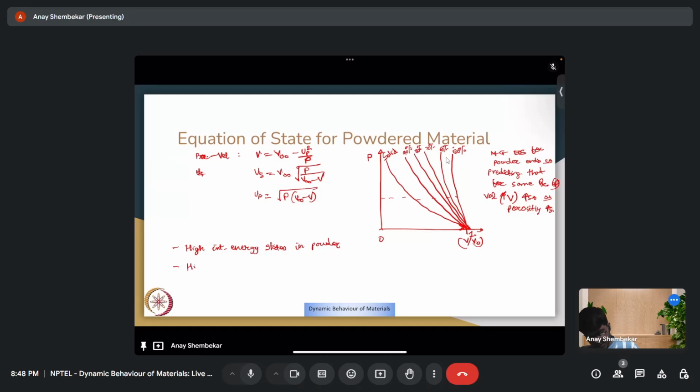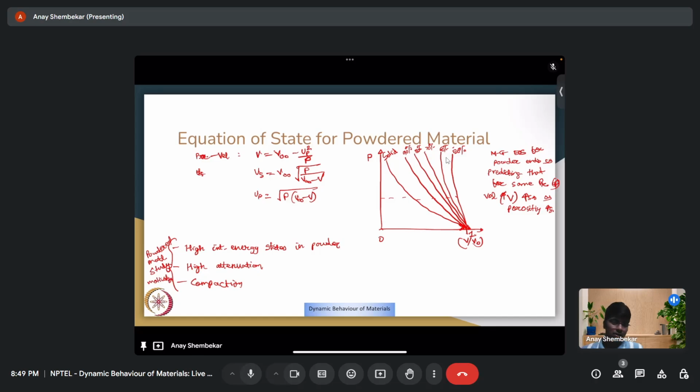You also see high attenuation, and compaction, so powdered materials can be studied.